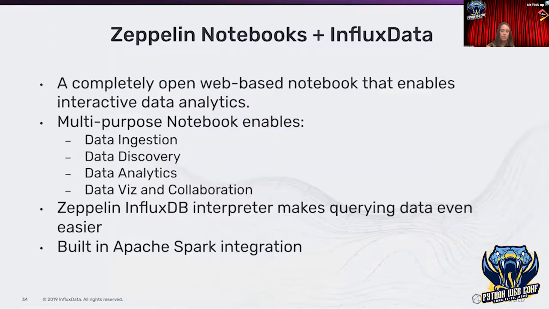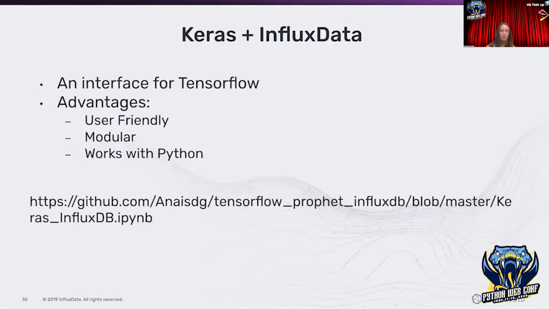Zeppelin has really easy integration with Spark, and so you can easily perform distributed machine learning with it. One cool thing is that Zeppelin also has a Flux interpreter now. So you can query Influx directly and maybe view your data in that notebook before taking advantage of the built-in Apache Spark integration.